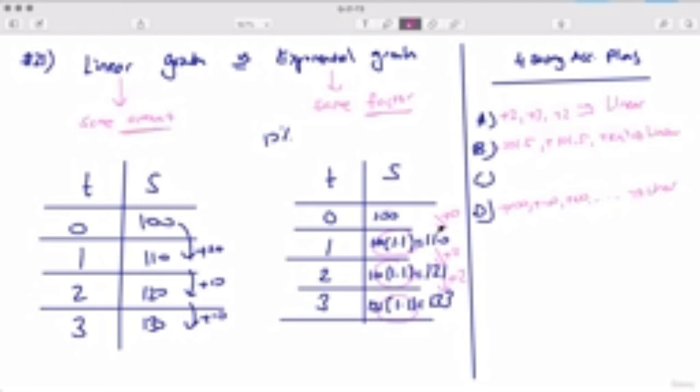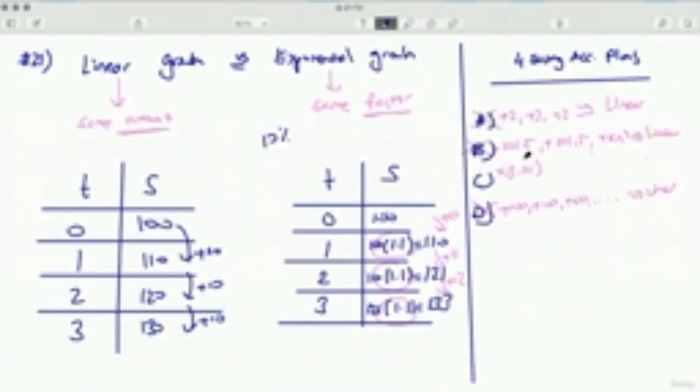What about C? C, each successive year, I'm adding 1% of the current value to the account. Here we were adding 10%. This is now in C much smaller, 1%. But this is like a multiplication by 1.01.